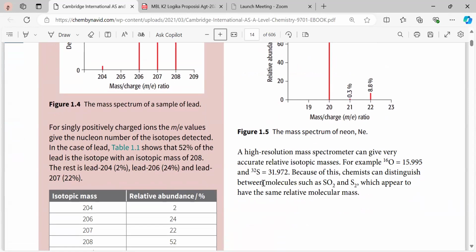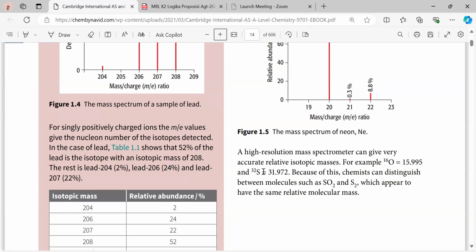And then we have here, I think that would be sulfur. I need to find it in the tables. Okay, where were we?